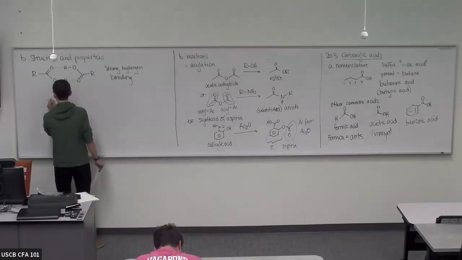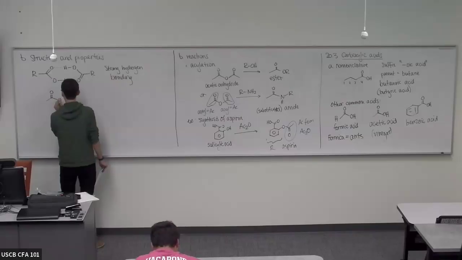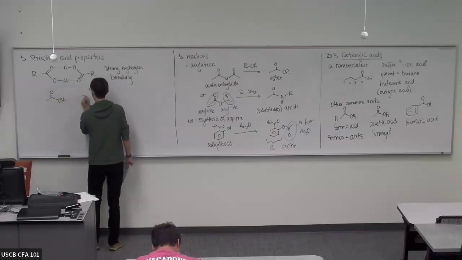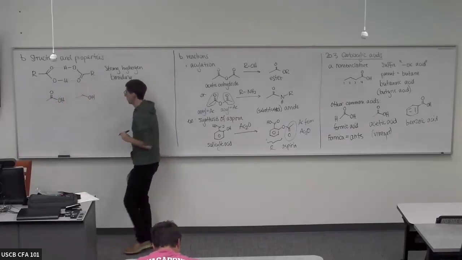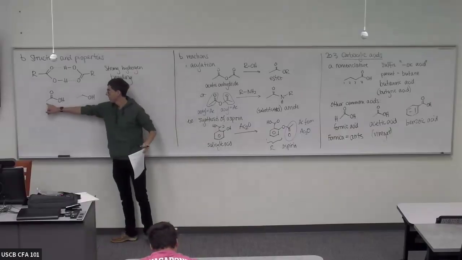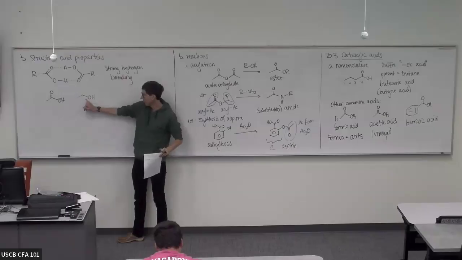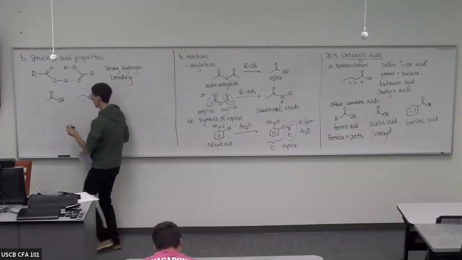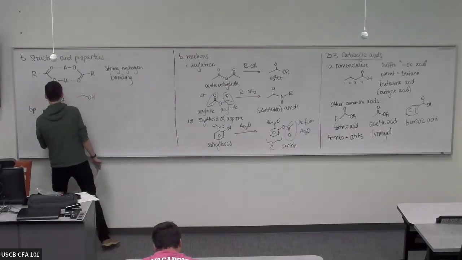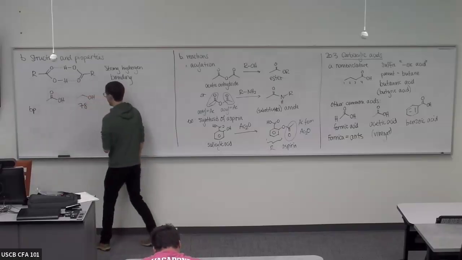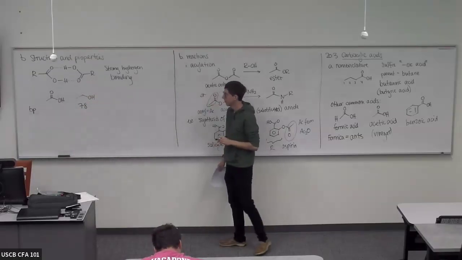And so what that ends up meaning is if we take acetic acid, 2 carbons, carboxylic acid versus ethanol, 2 carbons, an alcohol. Boiling point of ethanol is 78.